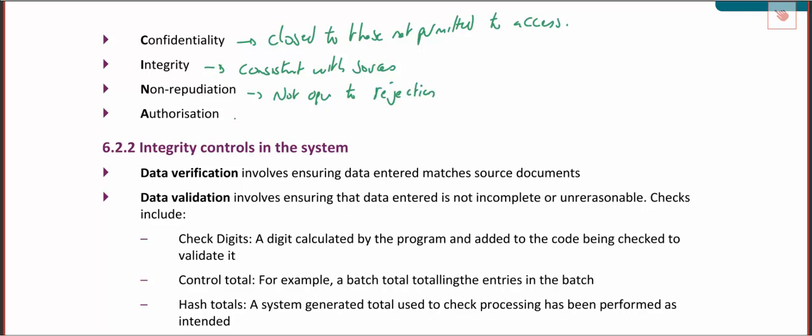And then finally, authorization. If there are any changes to be made, they should only be made by people with authority to do so. Okay, so that's what makes a secure information system.